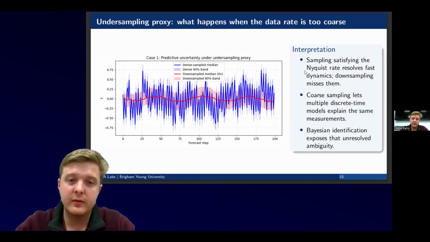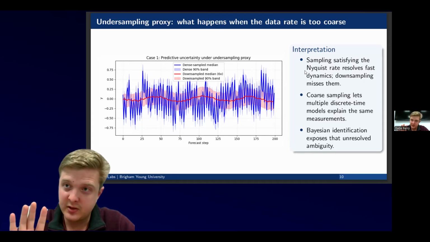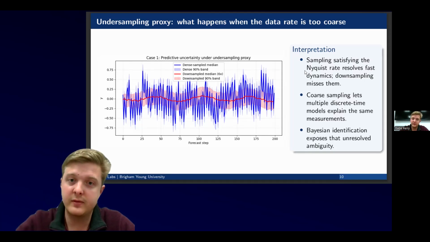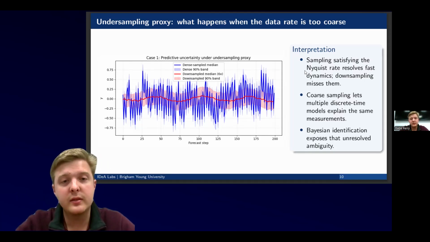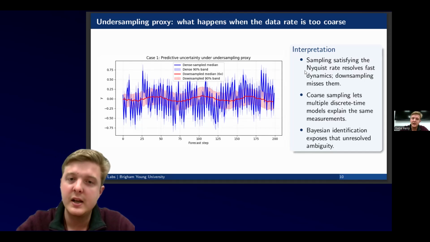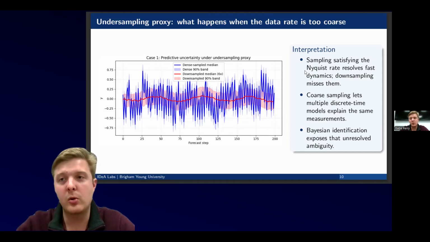The blue curve was learned using samples that satisfy the Nyquist rate, so we are able to resolve the high frequency dynamics. The red curve is a system which has been identified using data which has been sampled below the Nyquist rate. So this data was not sampled frequently enough in order to identify those fast dynamics.